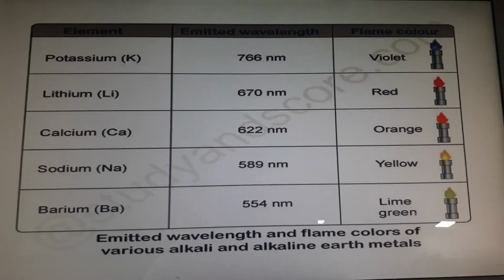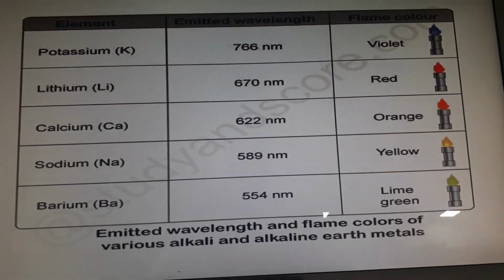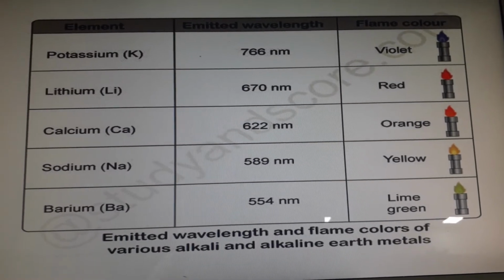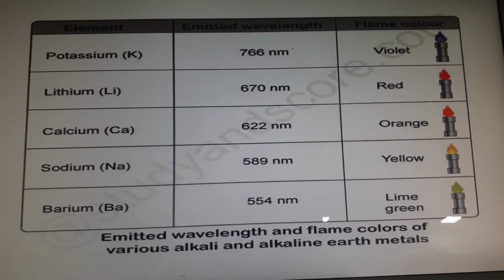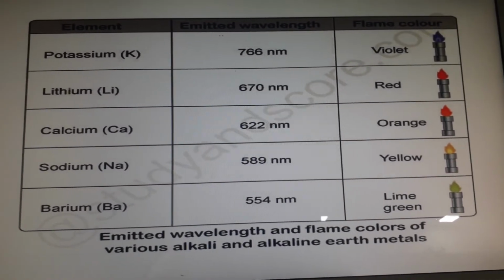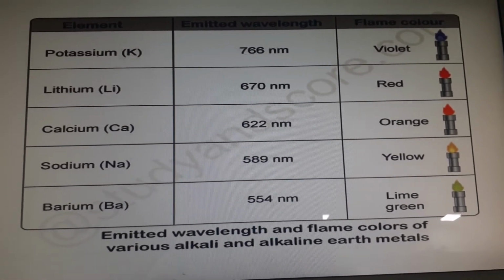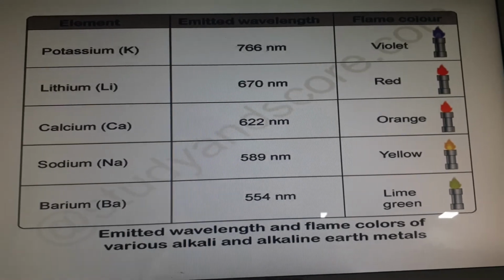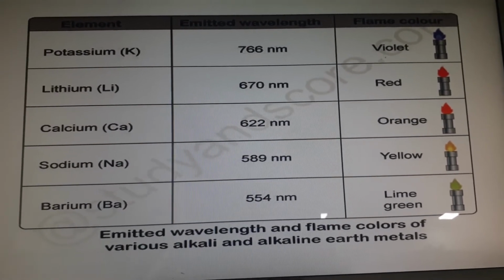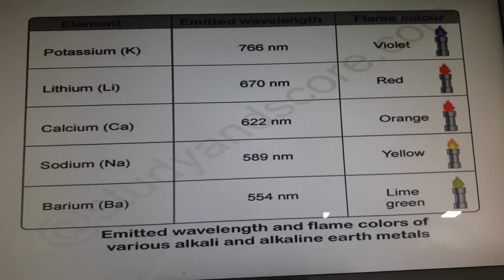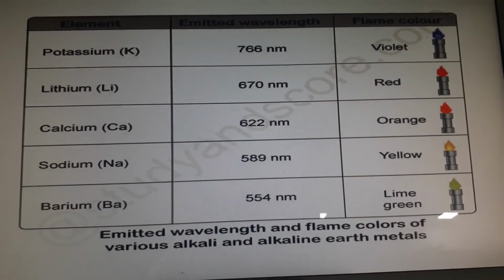Now, depending upon the flame, whatever element is present will give a specific wavelength. At a specific wavelength only, a particular element gives a particular emitted wavelength, and it will give different colors in the flame. The flame color changes accordingly.